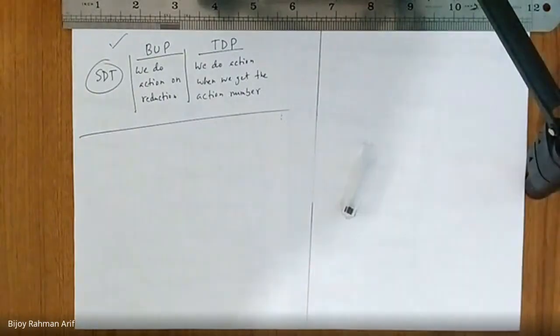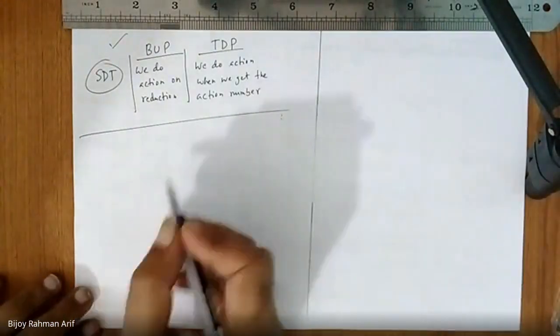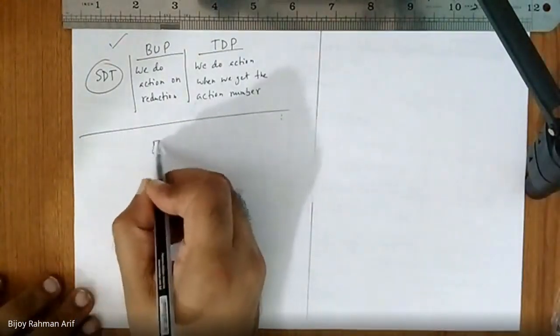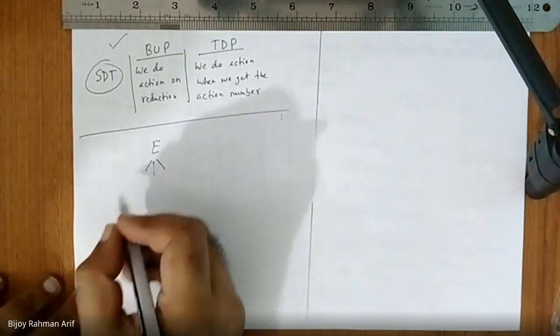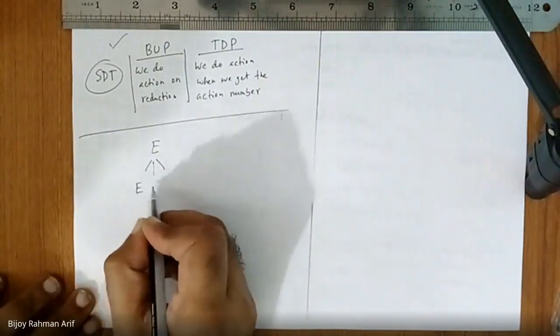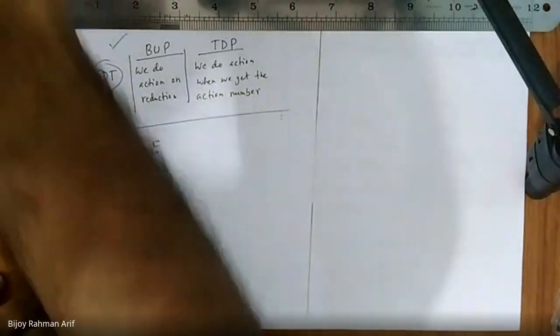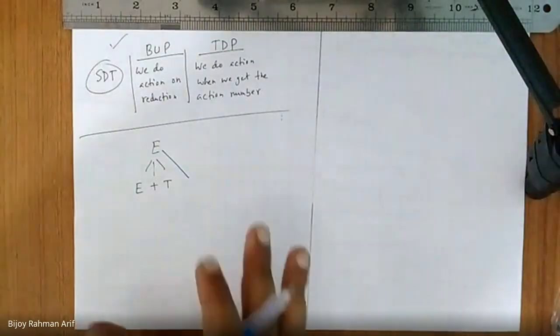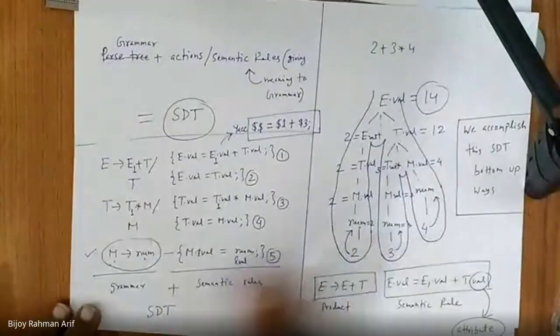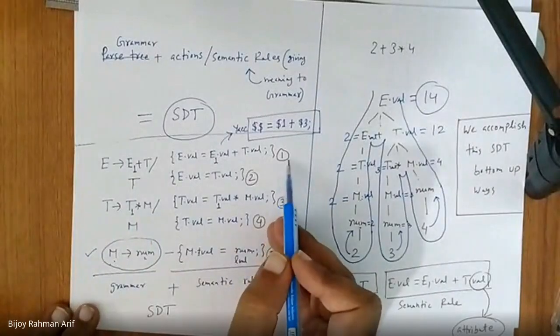So again, please draw the parse tree. E derives, what is the first one? E plus T. Now also write down the associated action with this. What is the associated action for E derives E plus T? 1.